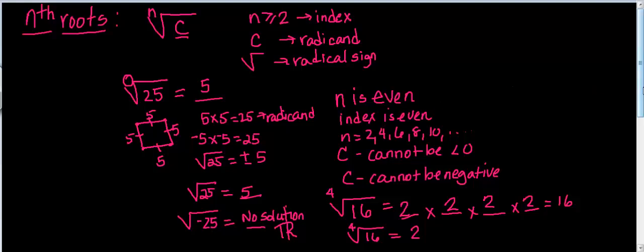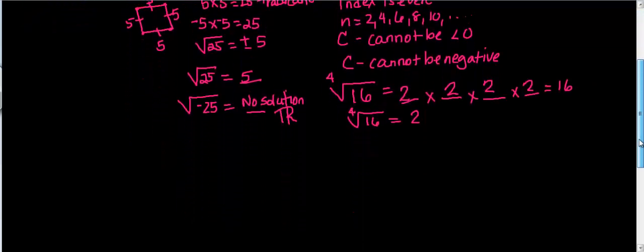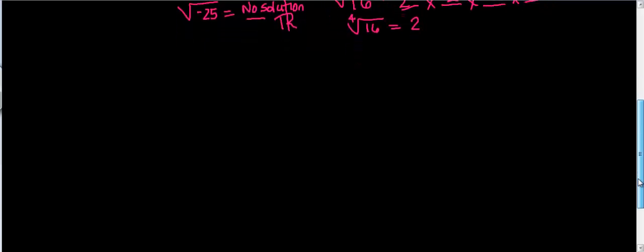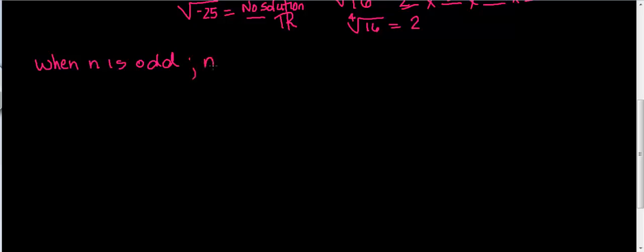Okay? What happens when I have an odd root? When n is odd, that means when n is 3, 5, 7, 9, etc. Look at what happens.